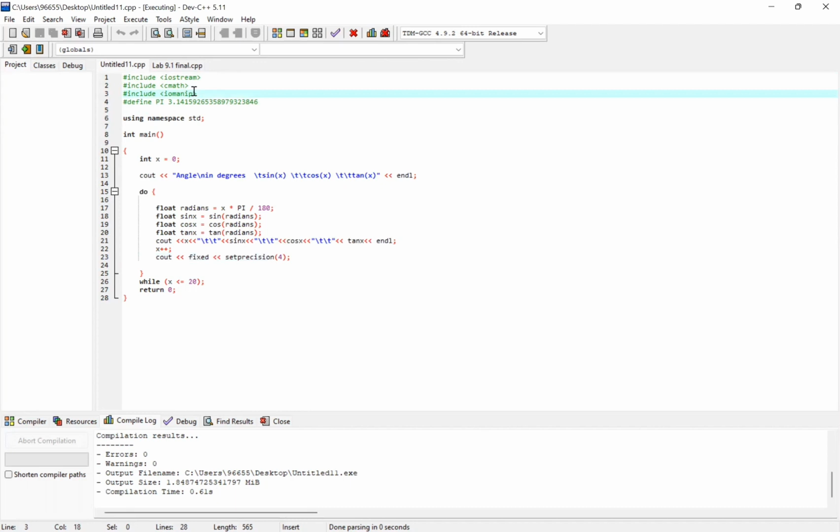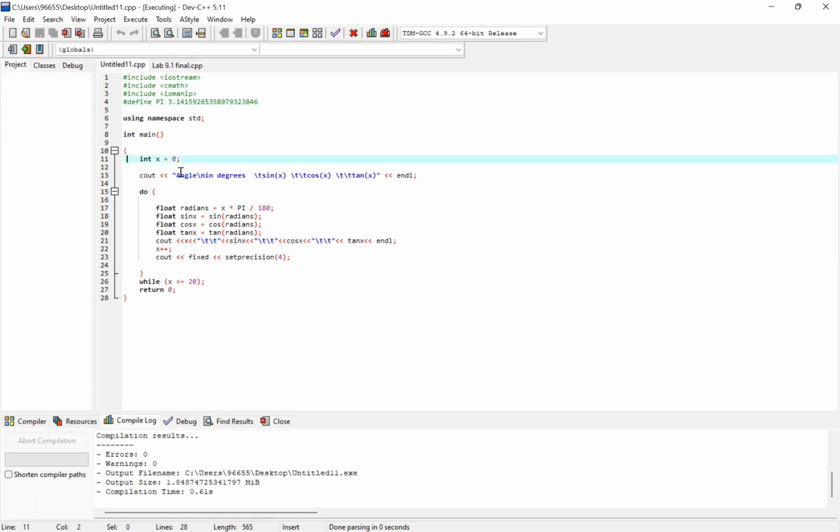Our group has included this because we wanted our output to only have 4 decimal places as seen in the instruction. Next is the define PI as 3.14, which is really essential for the computation of trigonometric functions later on. Now we will proceed to the int main.